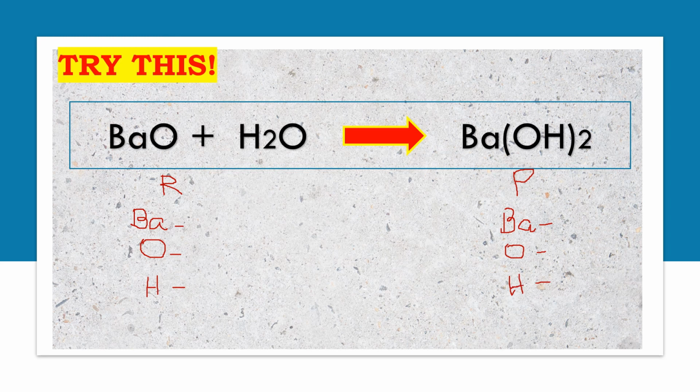So we have Ba is 1, and then hydrogen is 2. How about oxygen? So you have 1 here and another 1 here. So 1, then you have the plus sign. So we're going to add 1 and another 1. So you have 2. Next, in the product side, so you have 1 for barium.